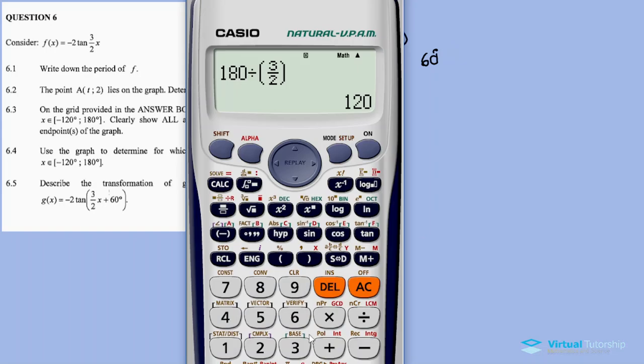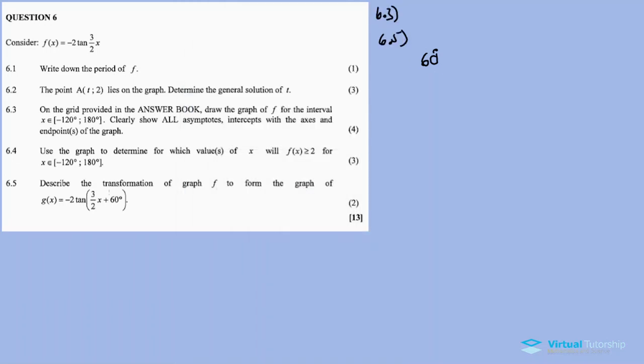Okay, calculator. 60 degrees divided by b, I put it in, 40 degrees. Okay, look at it this way, especially if your b is a fraction, or maybe a b value that is greater than 1.